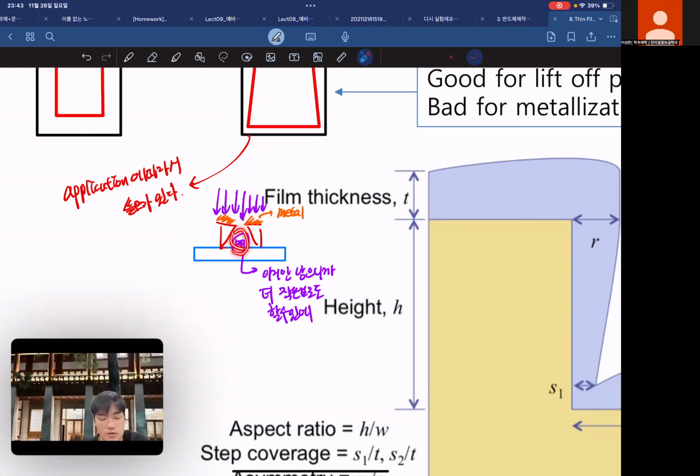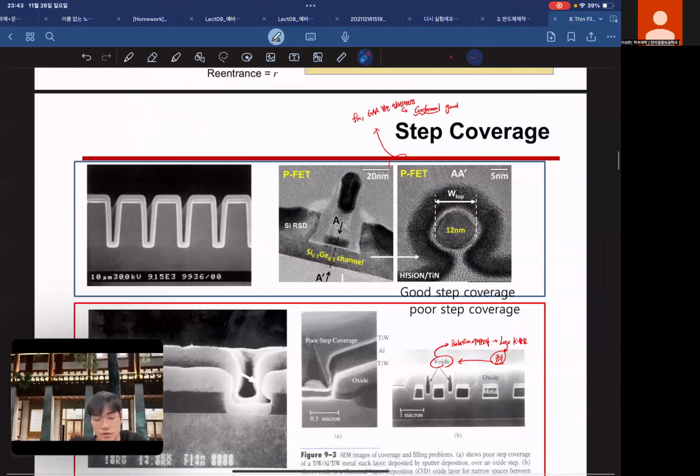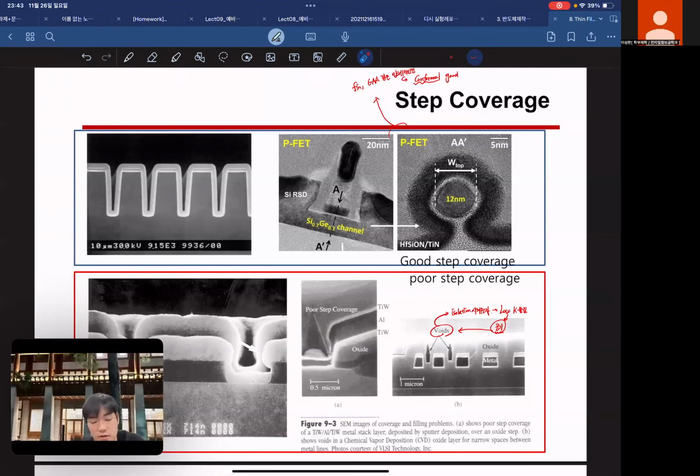We can use it because this non-conformal film makes the opening smaller, for other applications. But in the fin structure and GAA structure, it needs conformal film deposition.